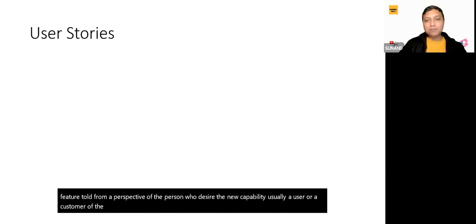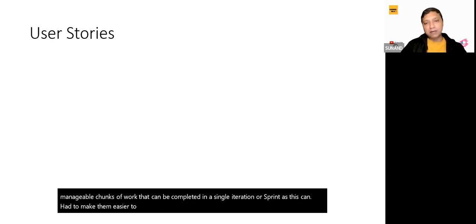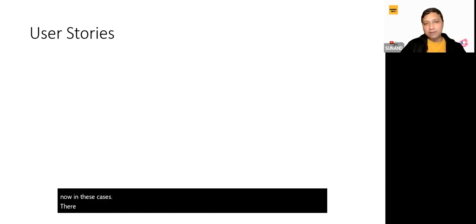Now, the goal of splitting user stories is to create smaller, more manageable chunks of work that can be completed in a single iteration or sprint, as this can help make them easier to understand, estimate, and implement. But there may be times when it is not possible or practical to split a user story into smaller pieces. In these cases, there are a few approaches that we can take to manage this situation.